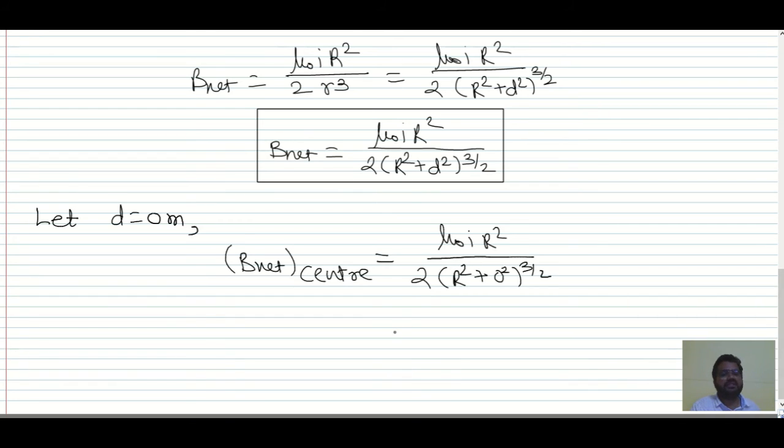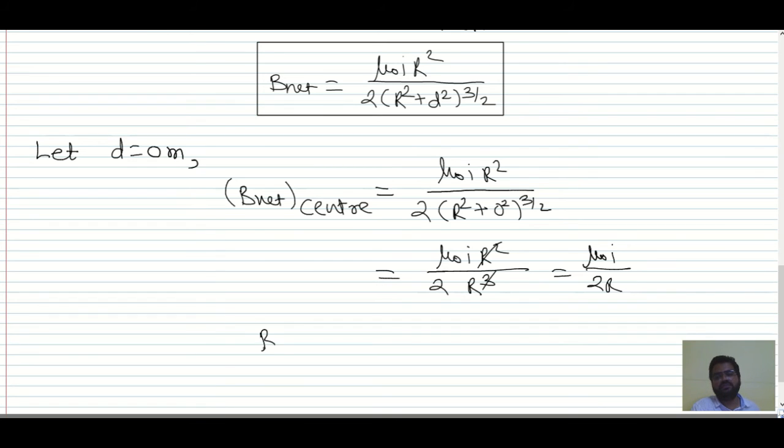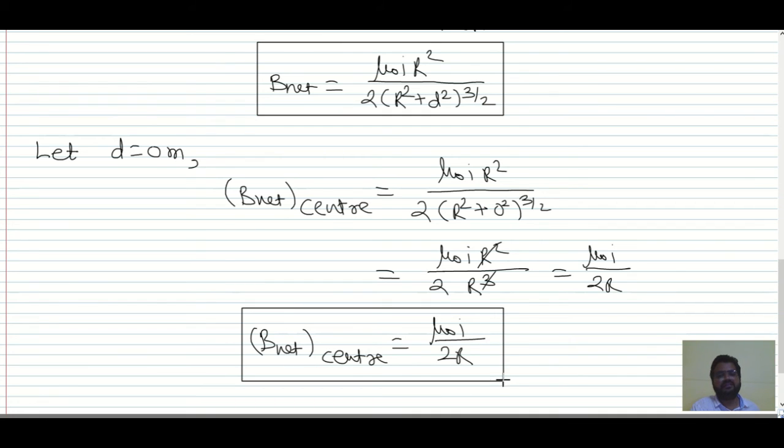And as you can see, this is mu naught I R squared divided by 2 times R cube. So this will get cancelled, and we'll get mu naught I divided by 2R. So this is the net magnetic field at the center of the current carrying circular coil, mu naught I divided by 2R. I hope this is clear.